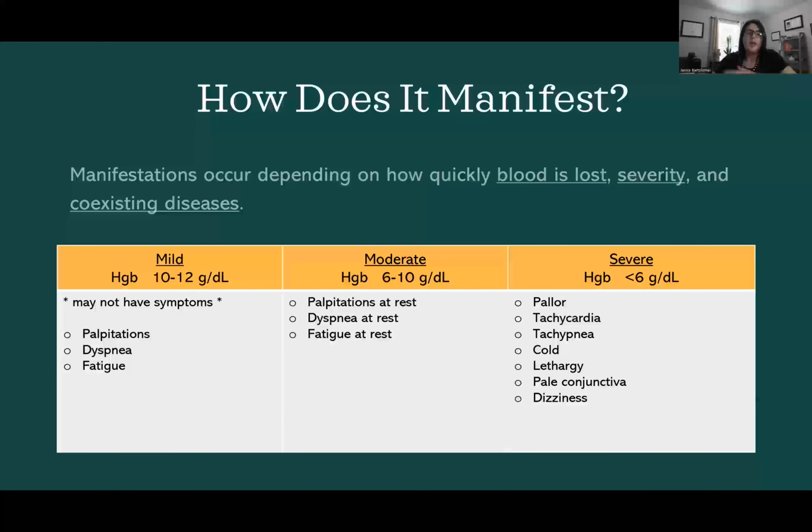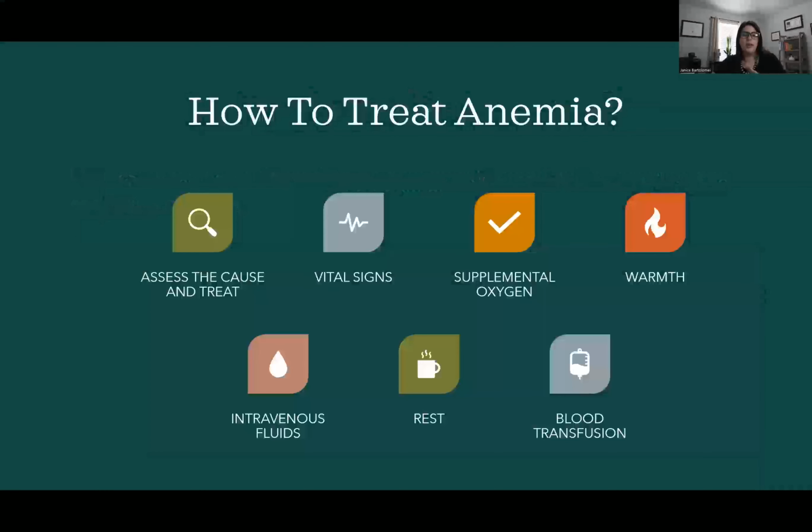All right, so how do we treat general anemia? And these are just general, okay? We're going to assess the cause and treat it, fix the problem, and we're going to monitor the vital signs constantly to see how much better or worse the client is getting. We're going to transfuse blood, especially if it's below 7.